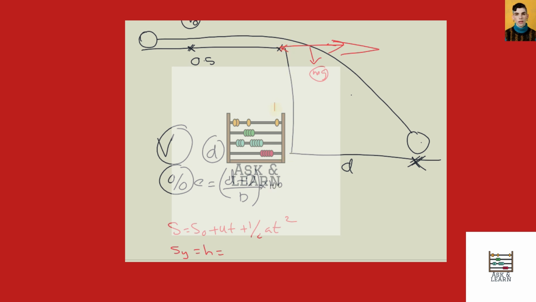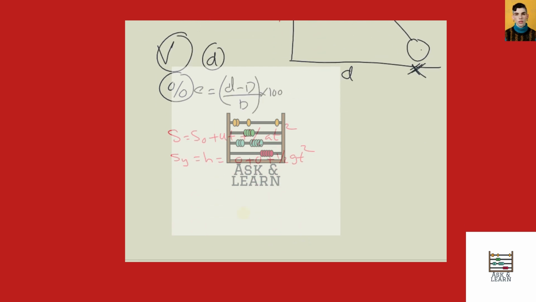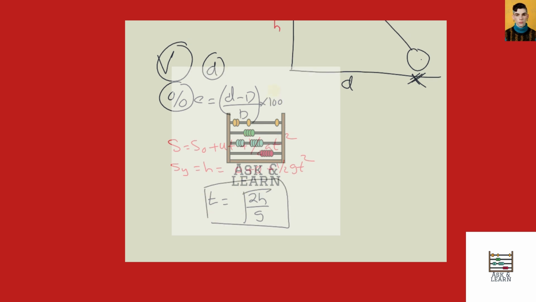This is the height of the table, plus initial velocity in the y-axis is 0. So 0 plus 0 plus half g times t square will be the distance. So whatever the height of the table is, if you can measure that, t will be equal to the square root of 2h by g. That will be the time taken for the fall.